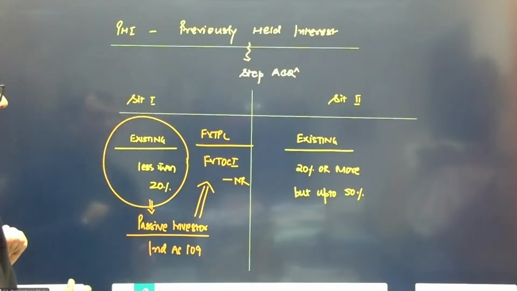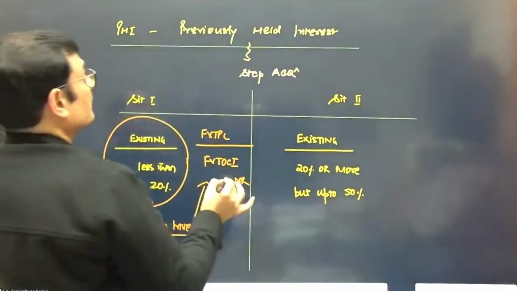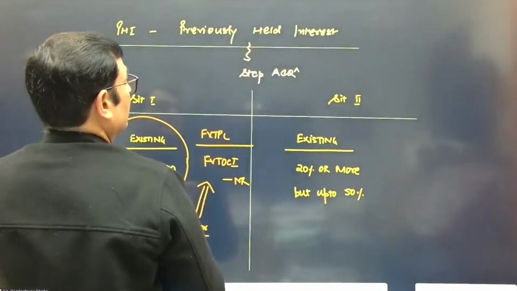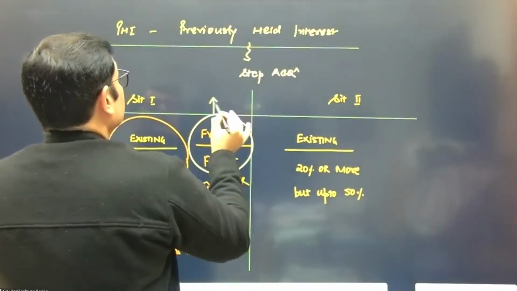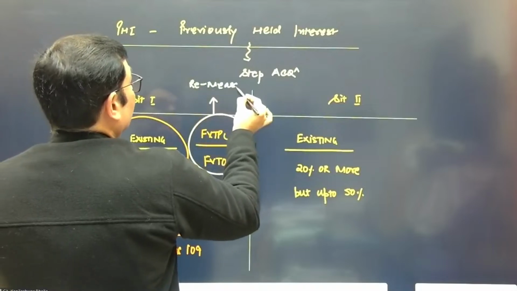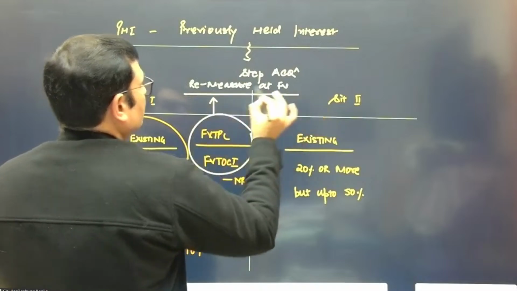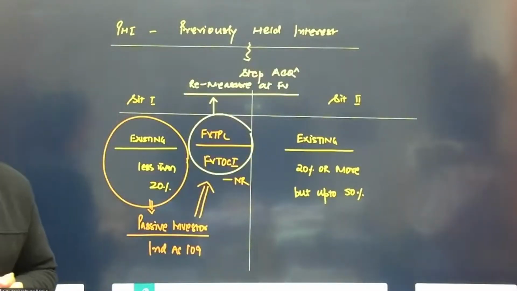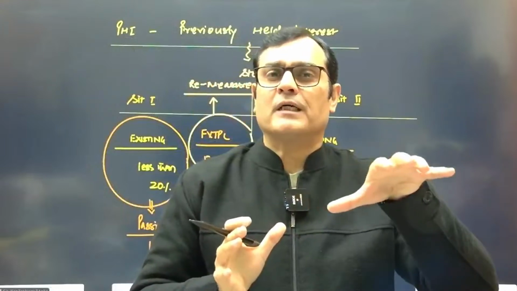Now what is to be done? Watch this carefully. In this particular case, since it's a previously held investment, I need to remeasure it at fair value. The previously held investments are to be remeasured at fair value. So you already have these investments in the books of accounts.